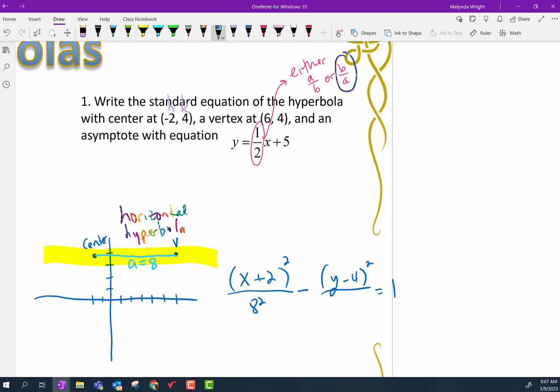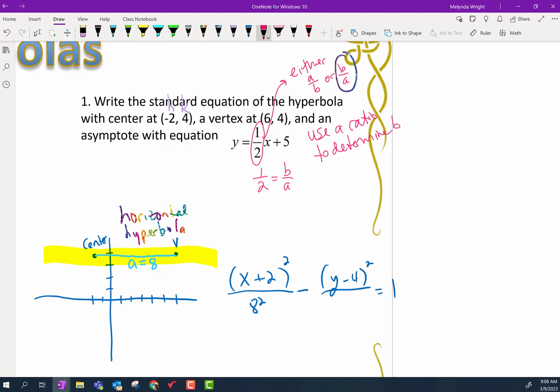Okay, so we're going to use a ratio to determine b. That's what we do when we have our slope. We've got one of the asymptotes there. We've got a slope, so we're going to use a ratio to determine b. So I have 1 over 2 equals b over a. That's our ratio.